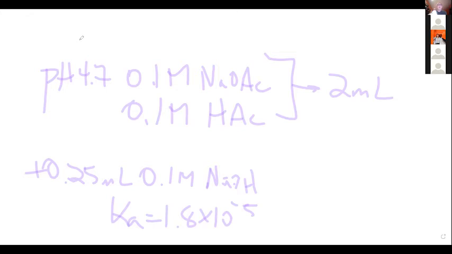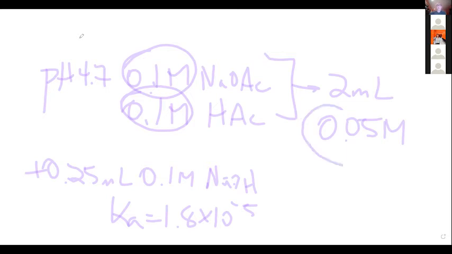Your final concentrations of acetate and acetic acid are going to be 50 millimolar. They're going to be half of these because you've added them in equal amounts, so each one is going to be 0.05 molar. From that, figure out how many moles, since your volume is 0.002 liters. Figure out your number of moles of acetate and acetic acid.